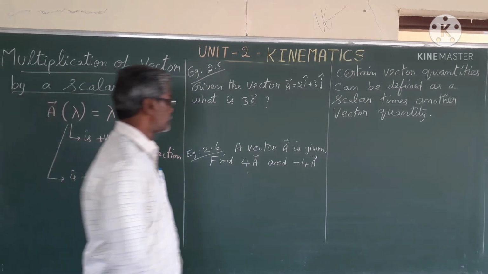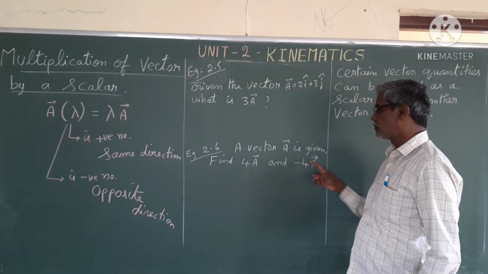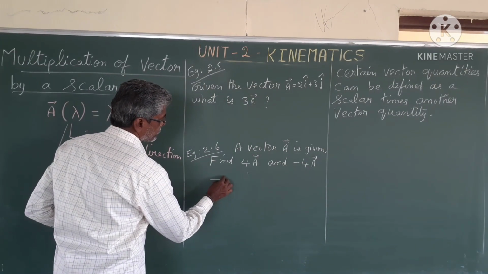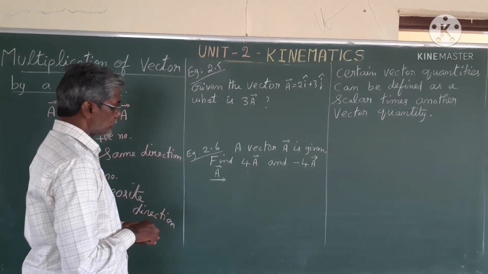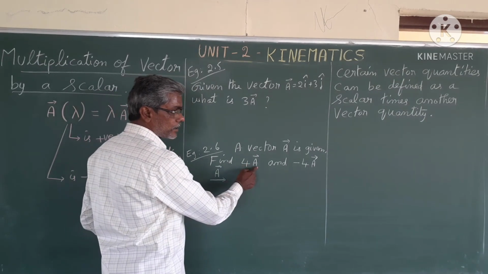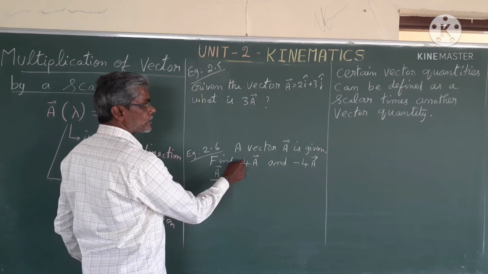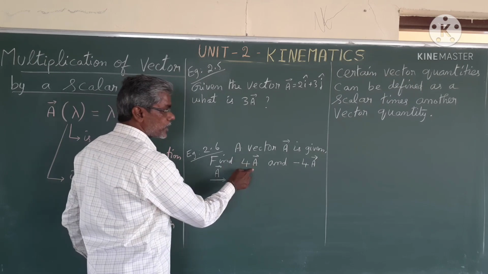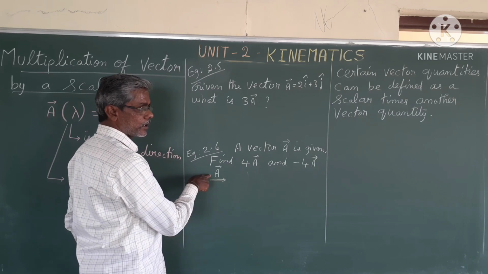Let us see an example here. A vector a is given. Find 4a vector and minus 4a vector. Now first, find 4a vector. Since the scalar is a positive number, this 4a vector will be in the same direction as that of a vector.